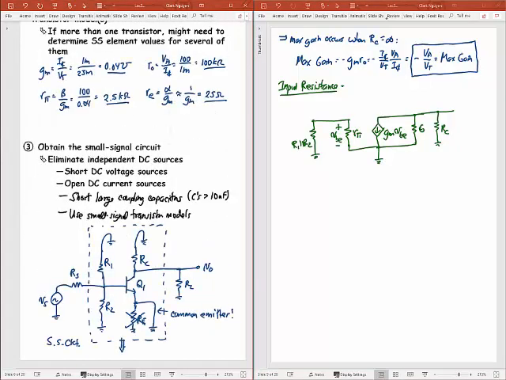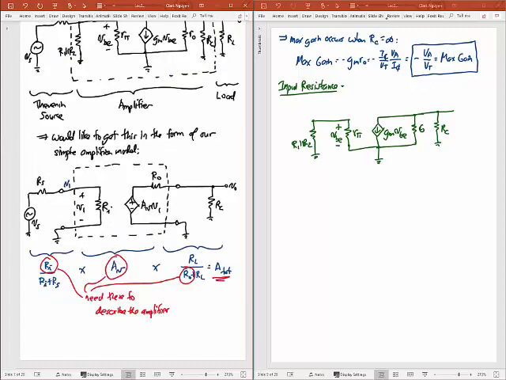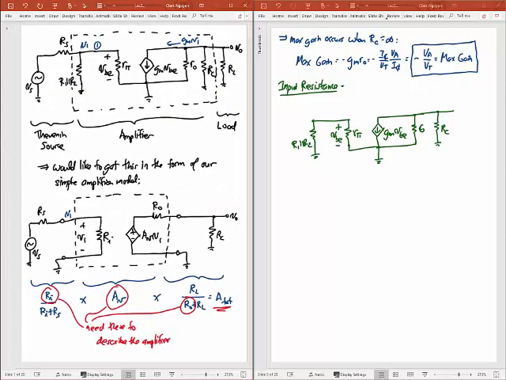So if I go back up, see where RI is right here? I'm looking for that RI. And so that's basically the RI that I'm seeing looking in this way into the circuit. Doesn't include RS. It's in from this dotted line into the circuit. Okay, so I'm applying my test voltage right here.